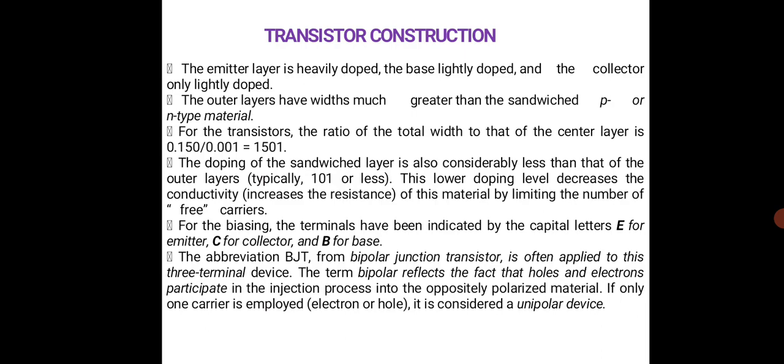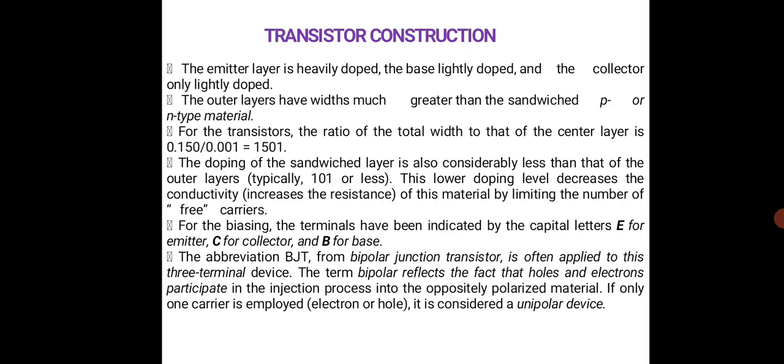The doping of the sandwiched layer is also considerably less than that of the outer layers, typically 10 to 1 or less. The lower doping level decreases the conductivity, which means it increases the resistance of this material by limiting the number of free carriers.